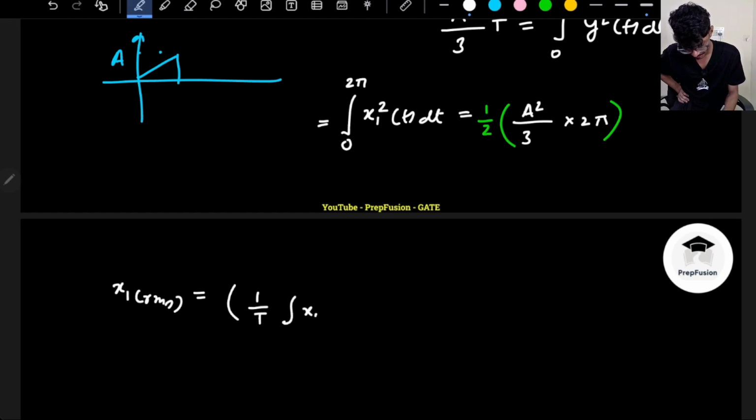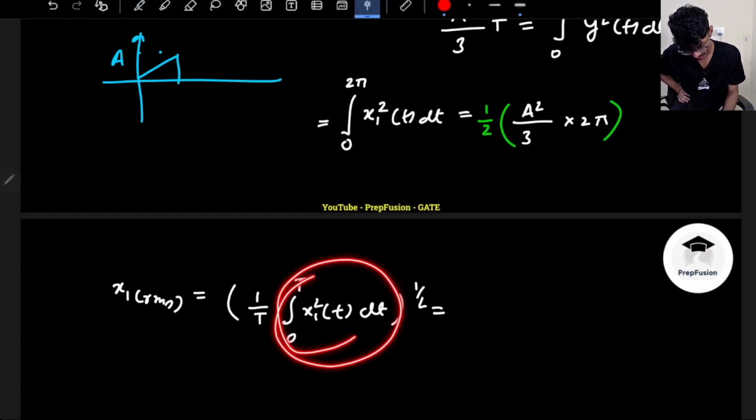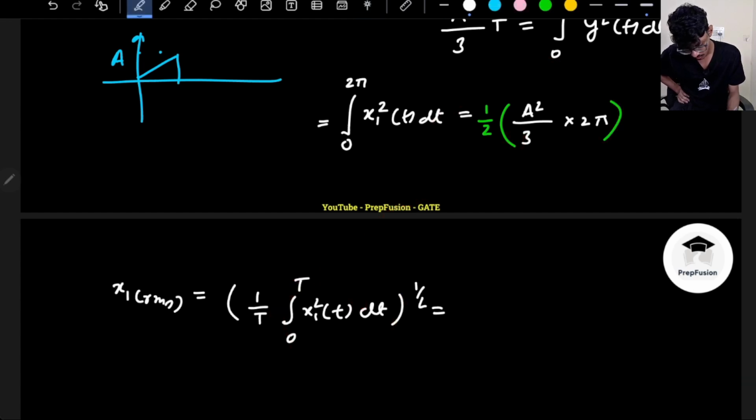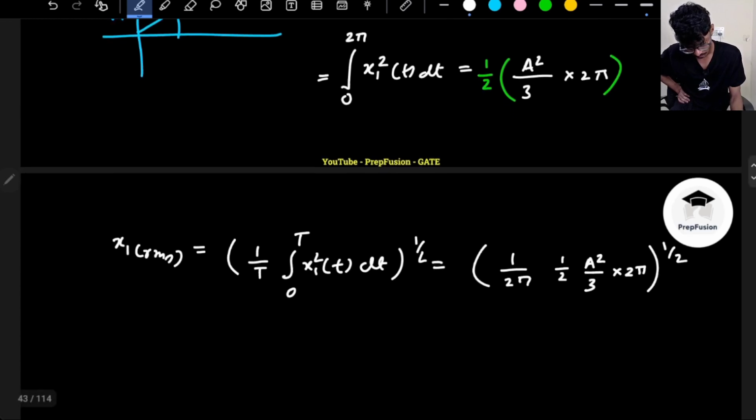I have to write the area expression, the integration of x1 whole square dt from 0 to t, and then take the whole under root. This portion I know. So I can replace the time period with 2 pi, and this is simply 1 by 2 into a square by 3 into 2 pi, half.